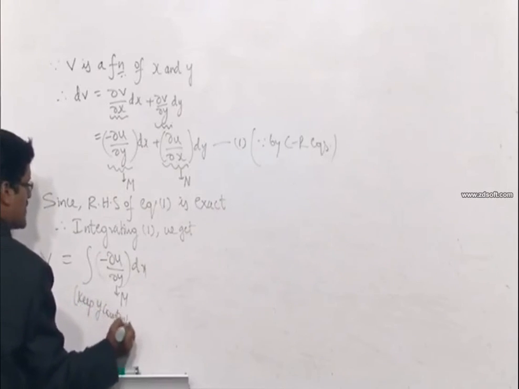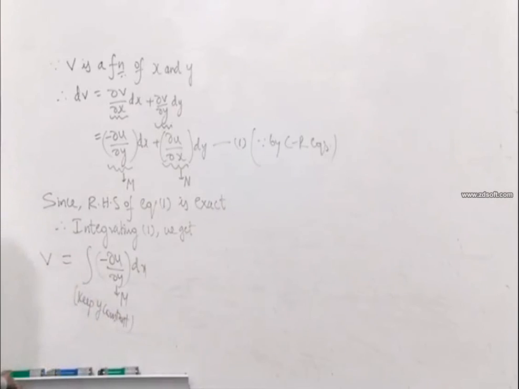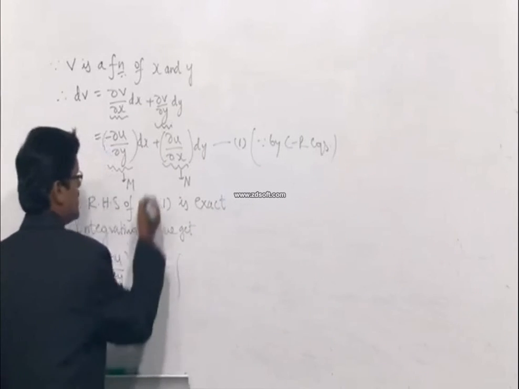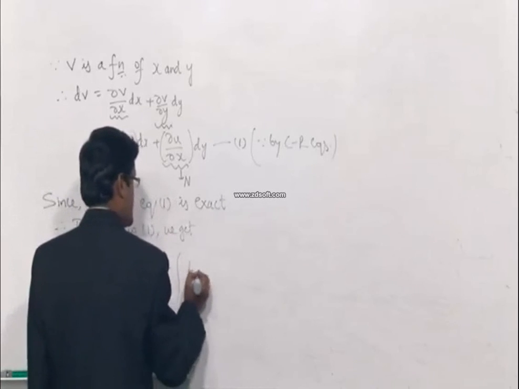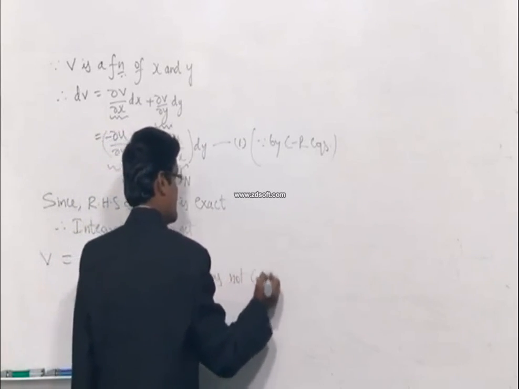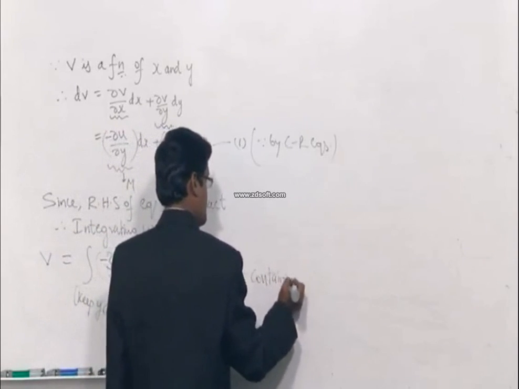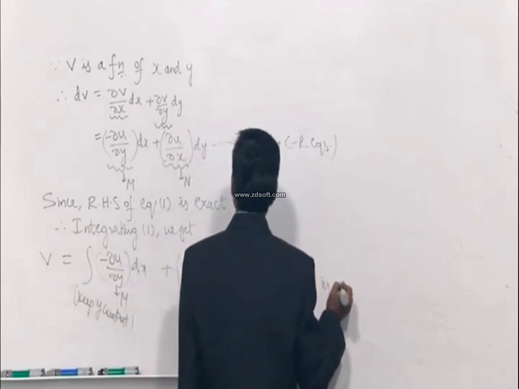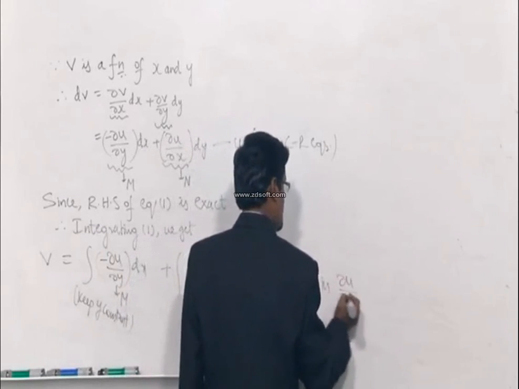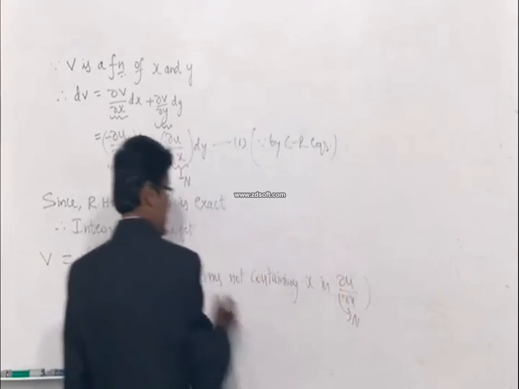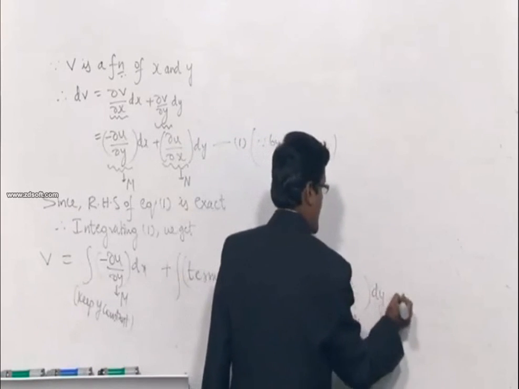Look at the procedure of exact equations in the first order differential equation ODE chapter. Plus, in n, the terms not containing x. In n what is there? Dou u by dou x, this is n. Integrate all these terms with respect to y, and add c.